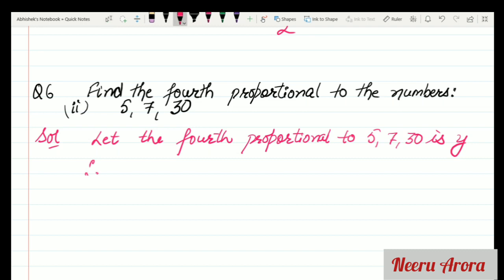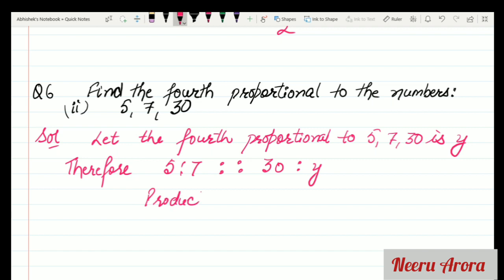Therefore 5 ratio 7 is proportional to 30 ratio y. Again, when these terms are in proportion, the product of extremes is equal to the product of means.